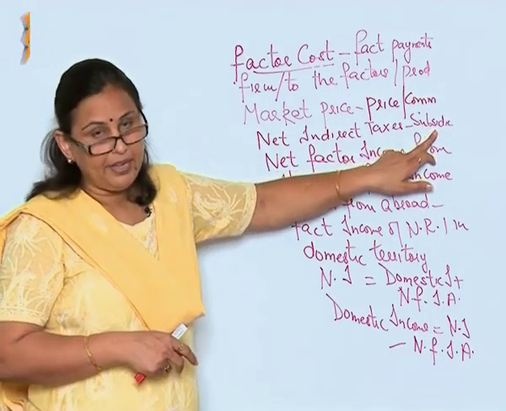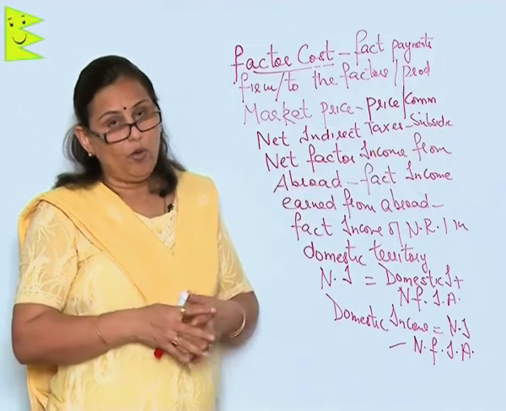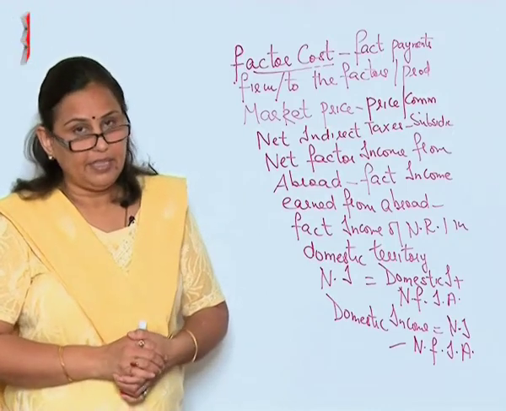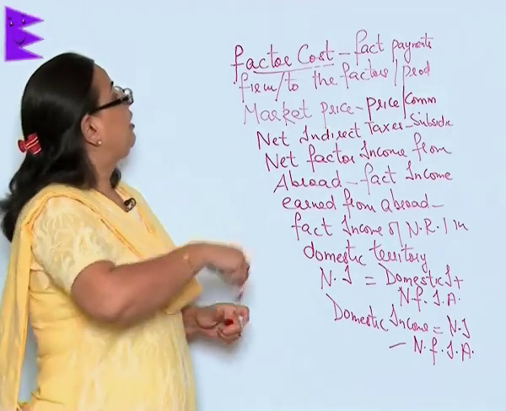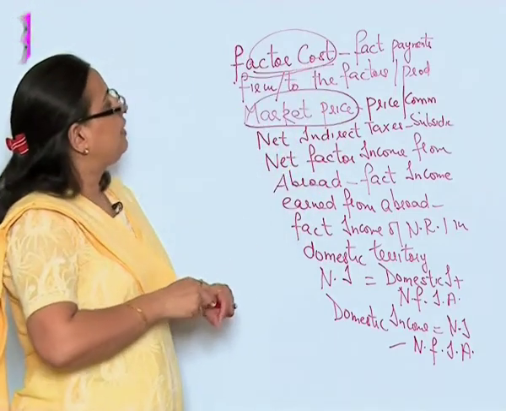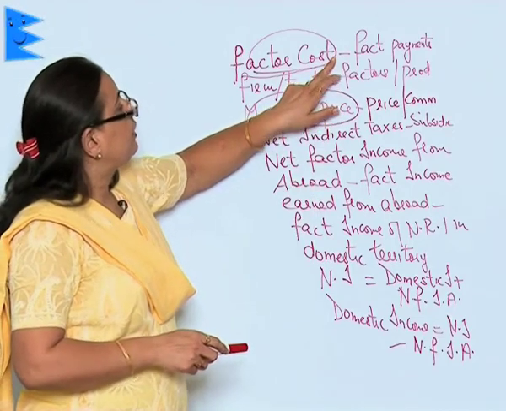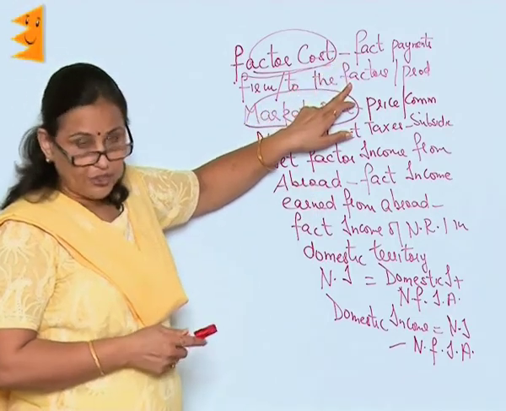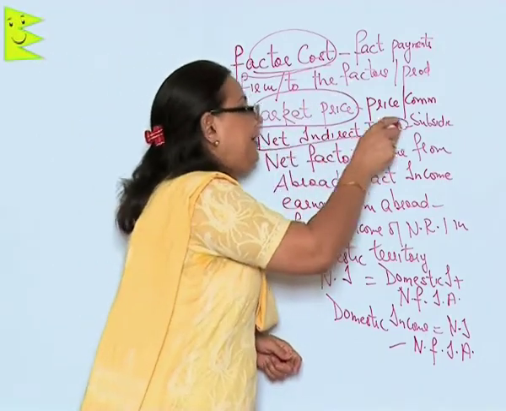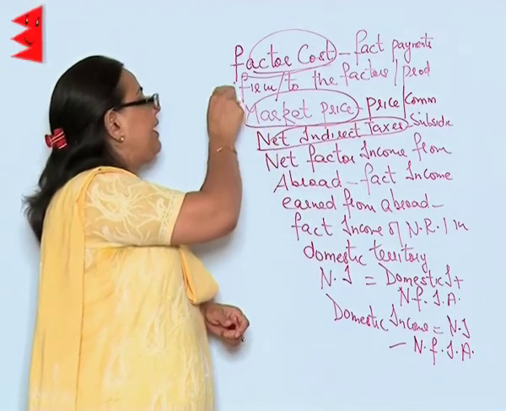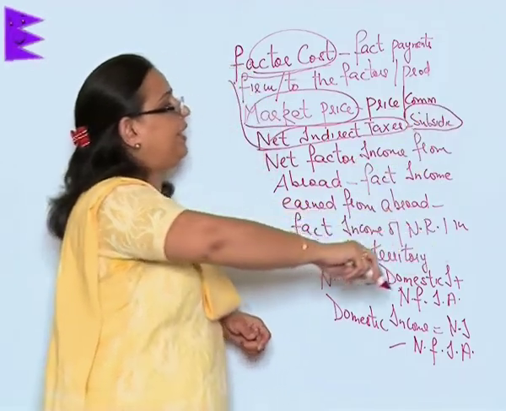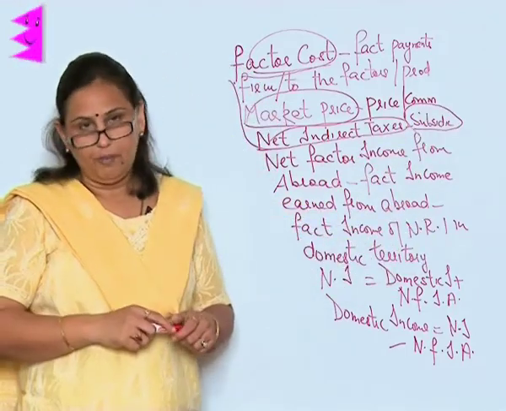Most of the time the petrol, the diesel, the gas all have a subsidized price. That is, the government has shown some kind of interest in bringing down the prices in the market. So, the factor cost and the market price vary, because the cost of production is to be added, but here it could be either the net indirect taxes, which will increase the price of a commodity, or the subsidy, which is to be subtracted and will reduce the price of a commodity.